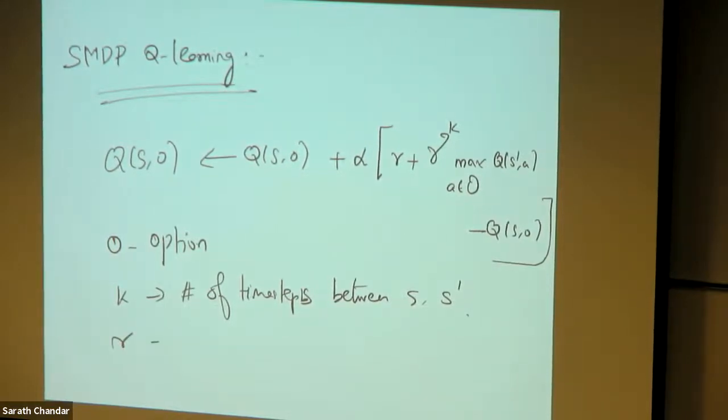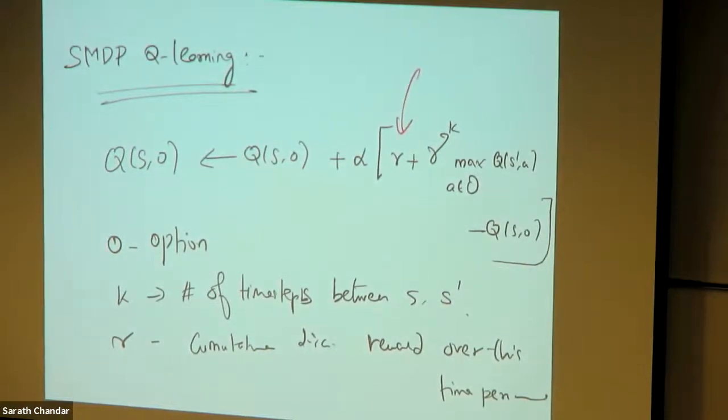This R is a cumulative discounted reward over this time period. So this R is the return of this temporally extended action. The action took many time steps, so we sum the rewards together to get the return. This is the cumulative reward by the end of the option.